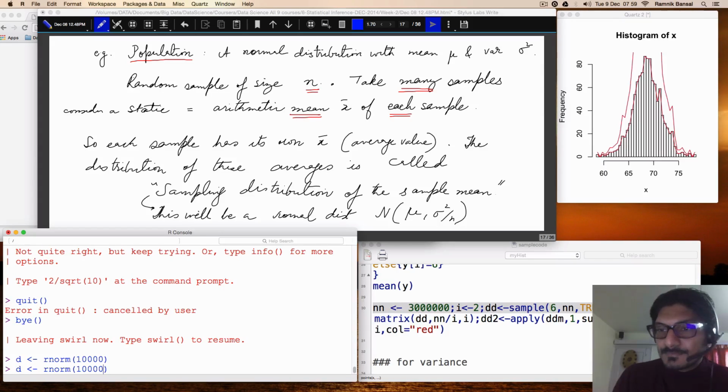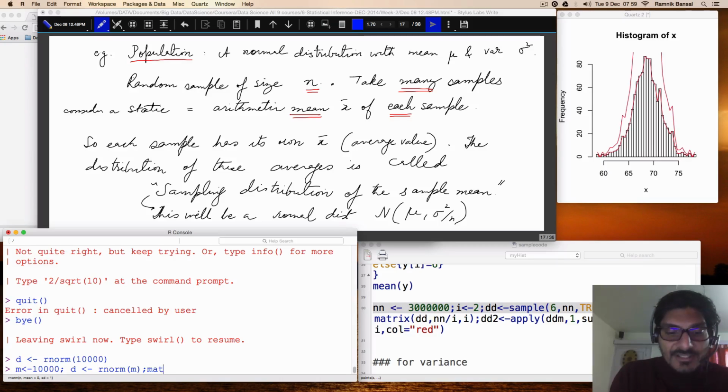Let me do it slightly differently. M is the population size, so I say 10,000, and then I generate that many random numbers. Now these random numbers are there.